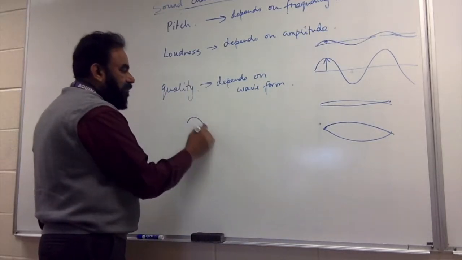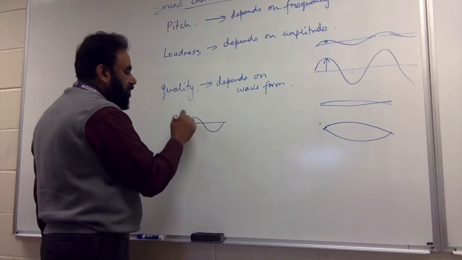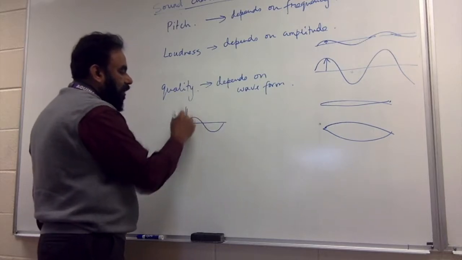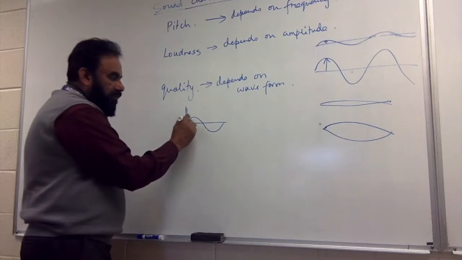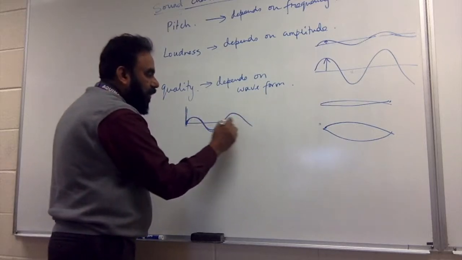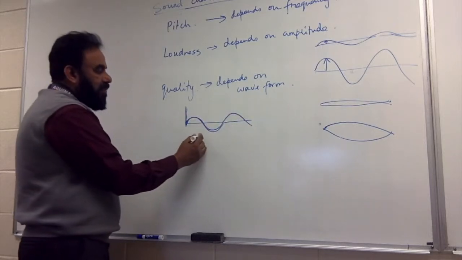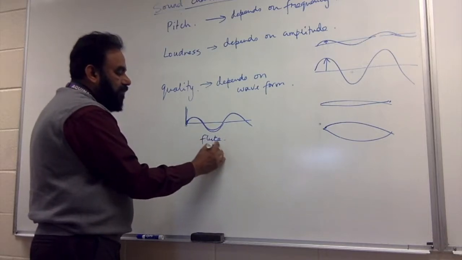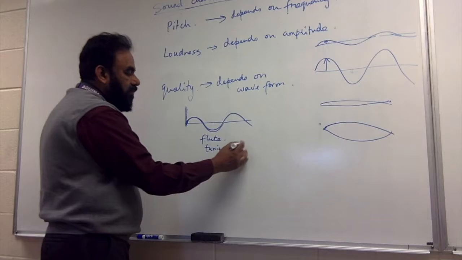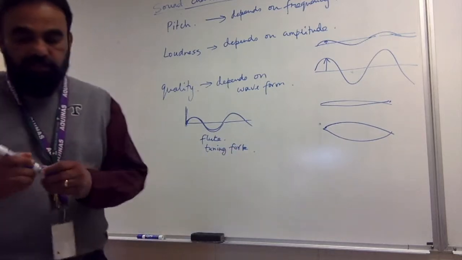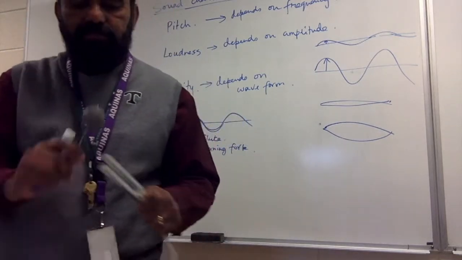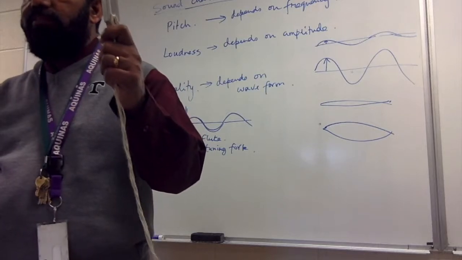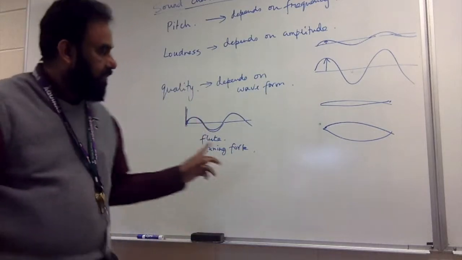So if this is a waveform, this waveform is a very smooth wave. If a wave is like this, it comes either from a flute or from a tuning fork. When I hit this, the sound that's coming out is smooth like this.